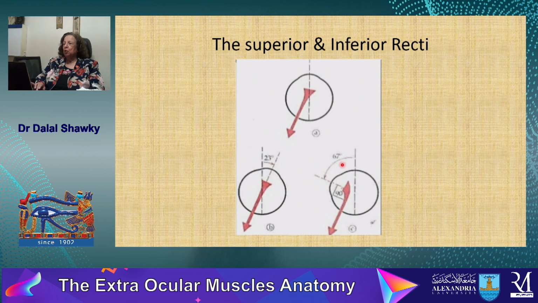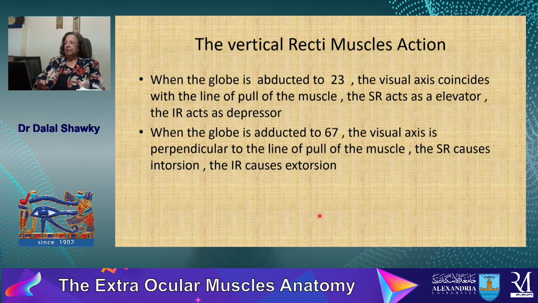While if the globe is turned inside by 67 degrees, so that the globe will be perpendicular to the axis of the muscle, the superior rectus will no more do elevation and depression, and it will do intorsion for the superior rectus and extorsion for the inferior rectus. We'll see this again in another slide.